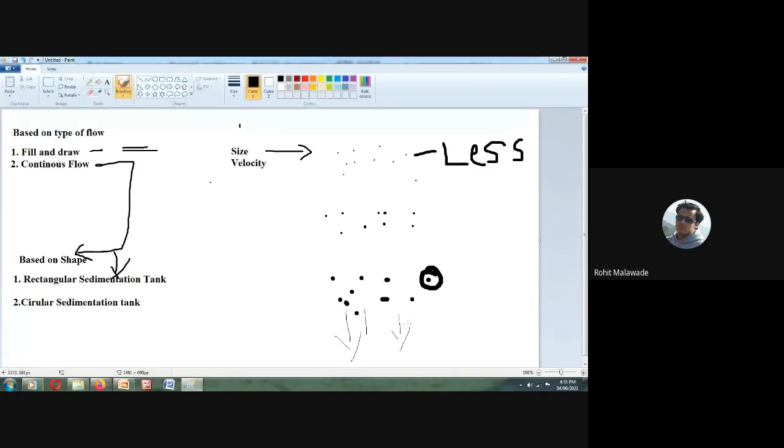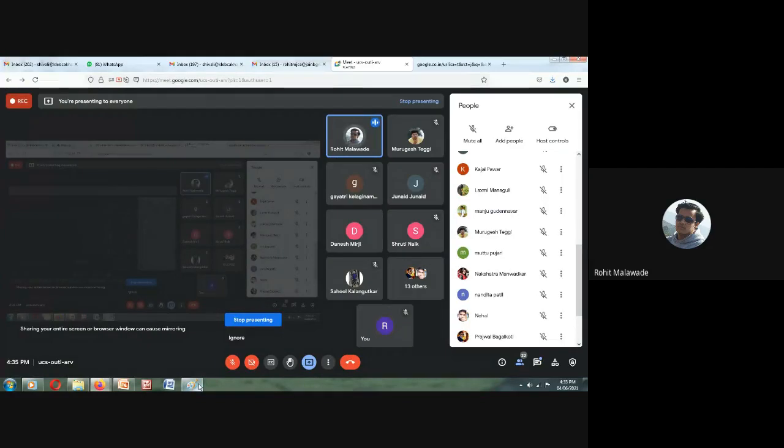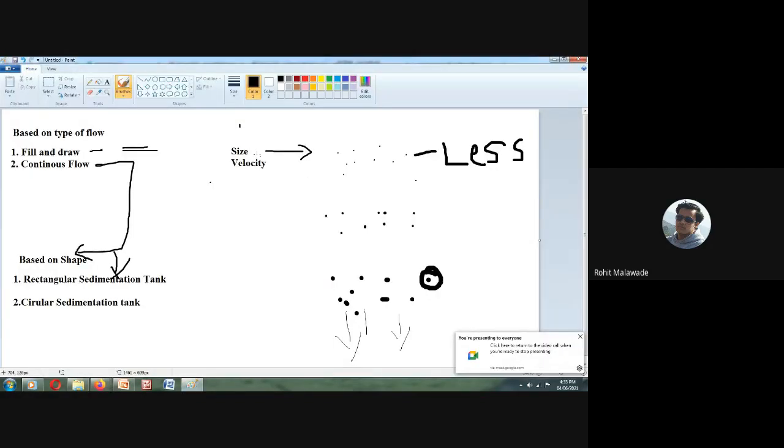This will take very little time, and that will take some more time, and the top one may remain in suspension. So as the size increases, the weight also increases. As the weight increases, the particle, due to its own weight, is going to settle down in the water, and sedimentation is going to happen. So this is regarding your size.